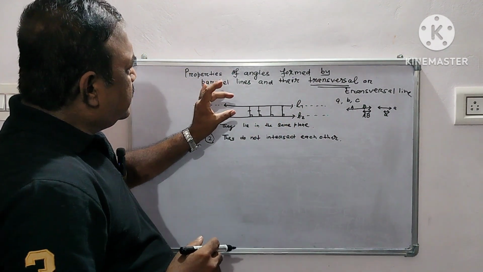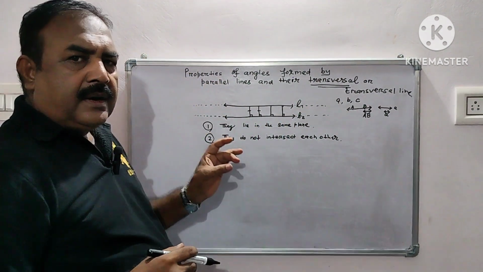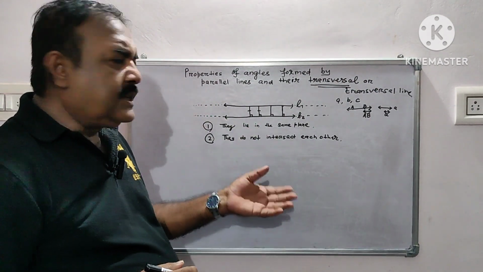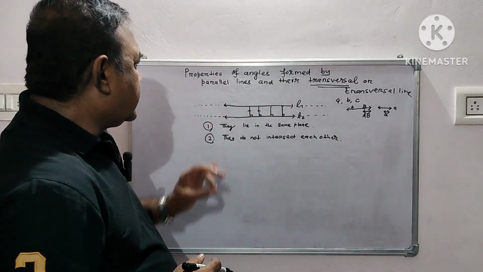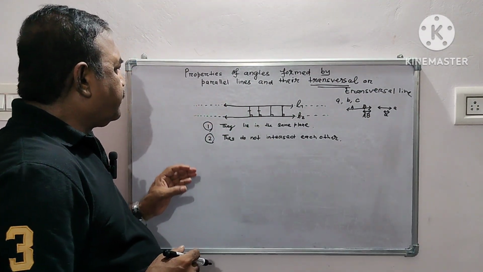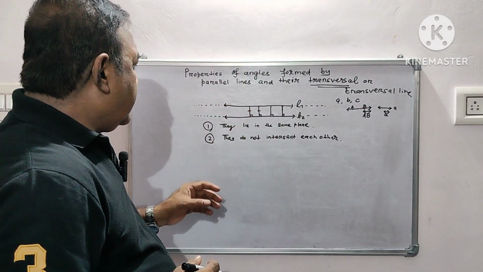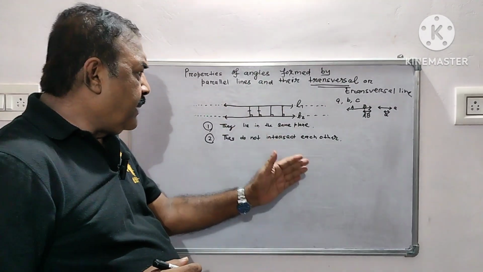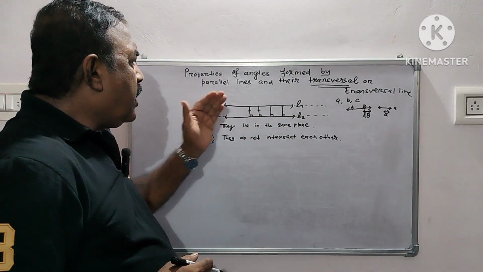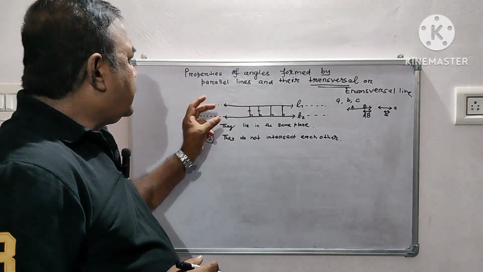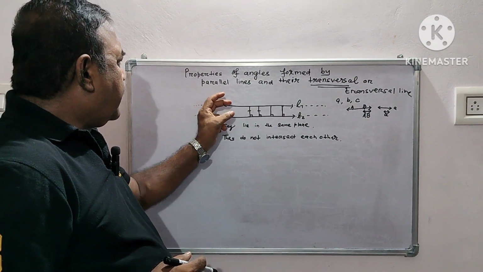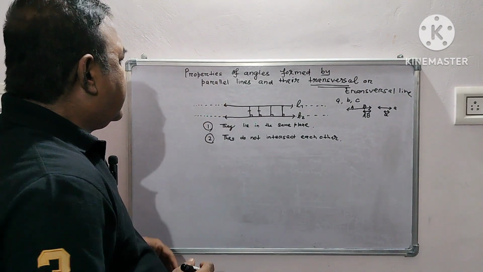That means the distance between the two lines never changes. Neither it increases nor it decreases. It is constant. So two lines are said to be parallel when they lie in the same plane and they do not intersect each other. So these are about the parallel lines.